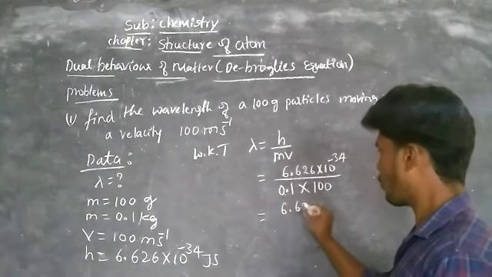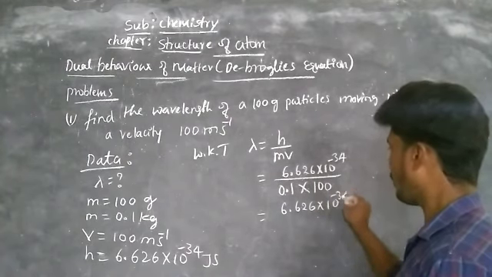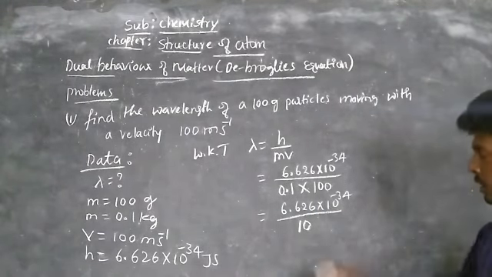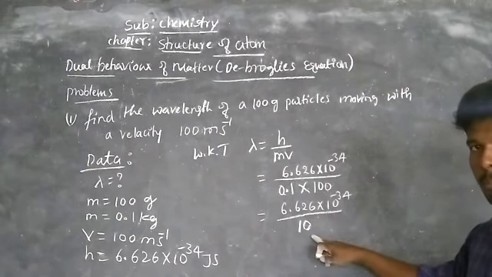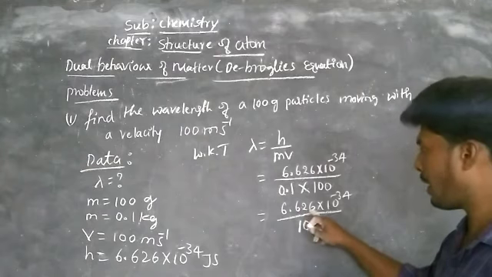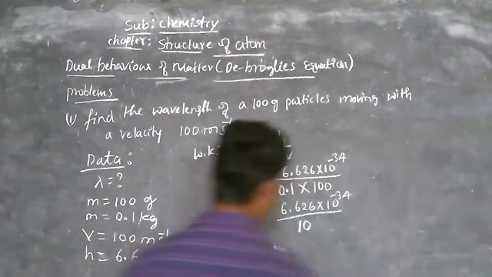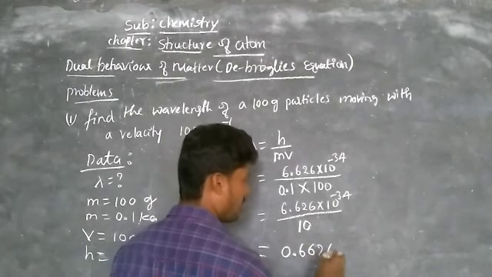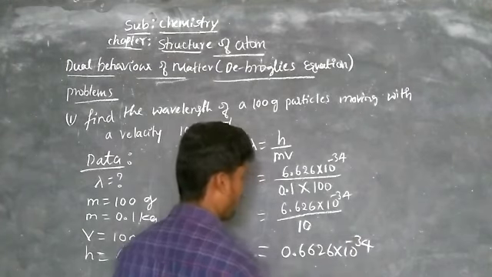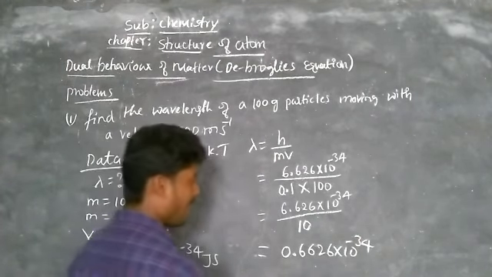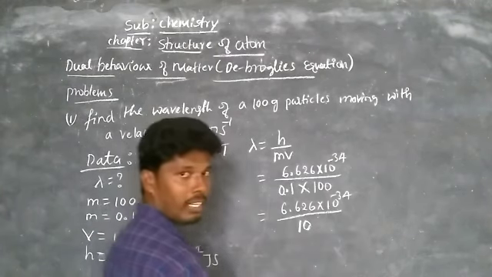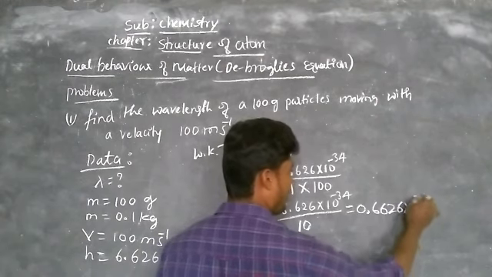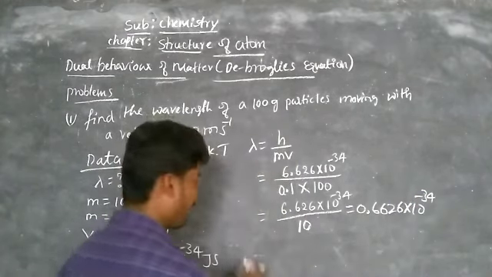So 6.626 into 10 power minus 34 divided by 10. Dividing 6.626 by 10, you get 0.6626 into 10 power minus 34.